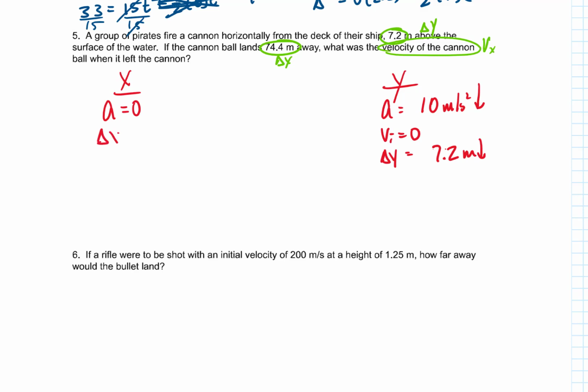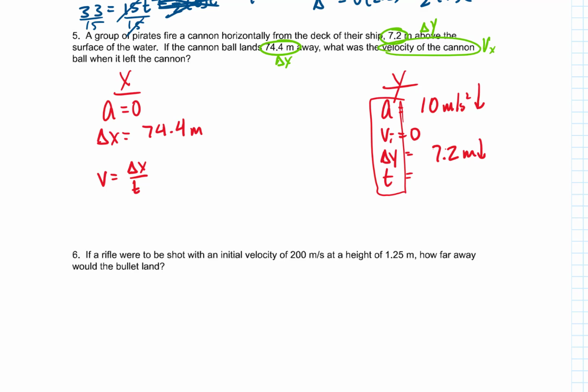And in the X direction, my displacement is 74.4 meters. That's how far away we land. So if I want the velocity when the acceleration is 0 in the X direction, that's delta X over time. That's how we find velocity without acceleration. What I need is time. I have to get that from the Y direction.